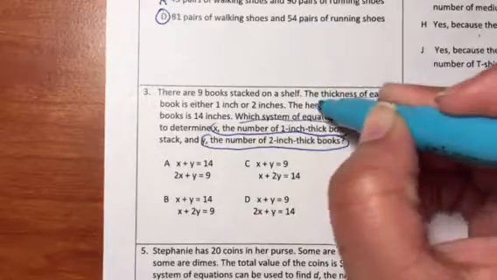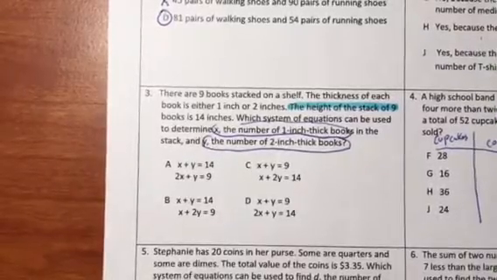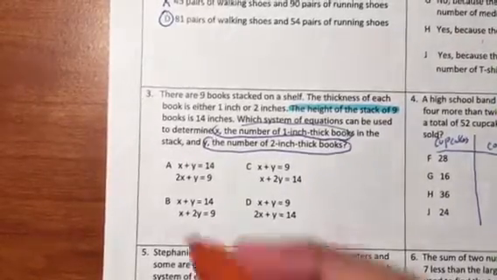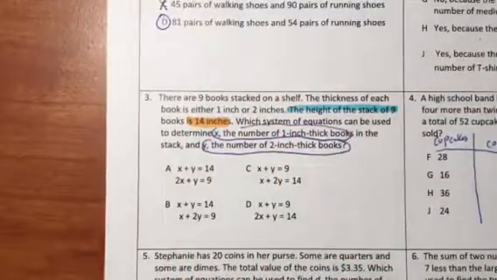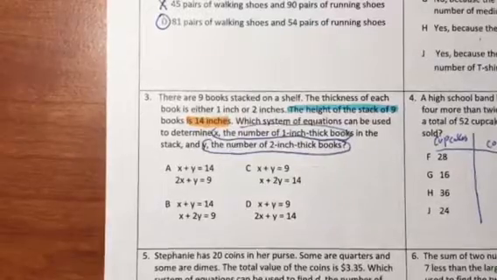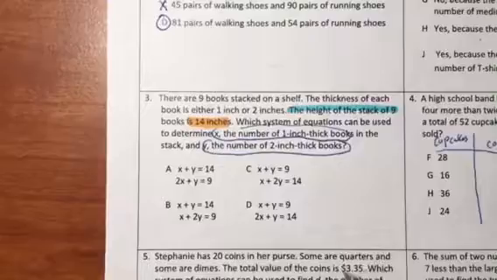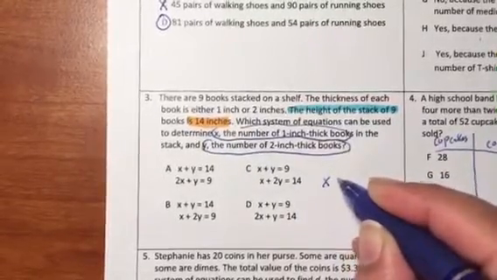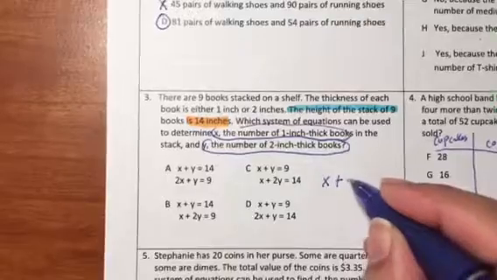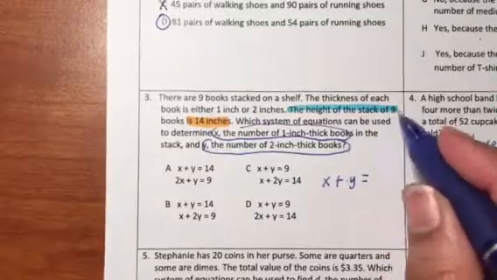This is going to be a little bit different because it uses 2 different equations in one sentence. So we know that the number of 1 inch and the number of 2 inch binders is 9.